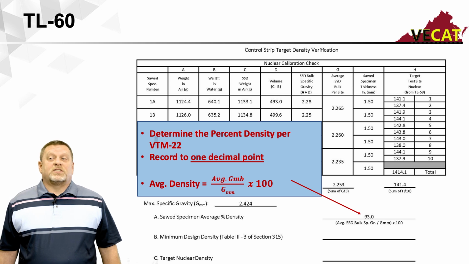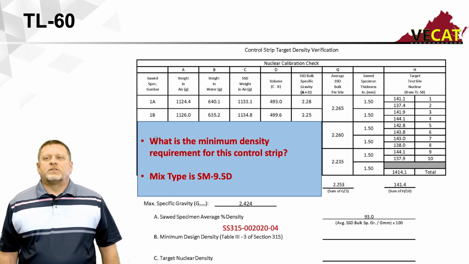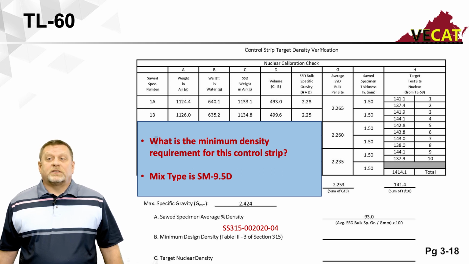The question is, does 93.0 meet the minimum specification requirements for this mix? To do that, we need to know what the minimum requirement is for this mix. The mix that we laid for this control strip was an SM 9.5D, and for this we go to our table, which is table 3-3 of section 315.